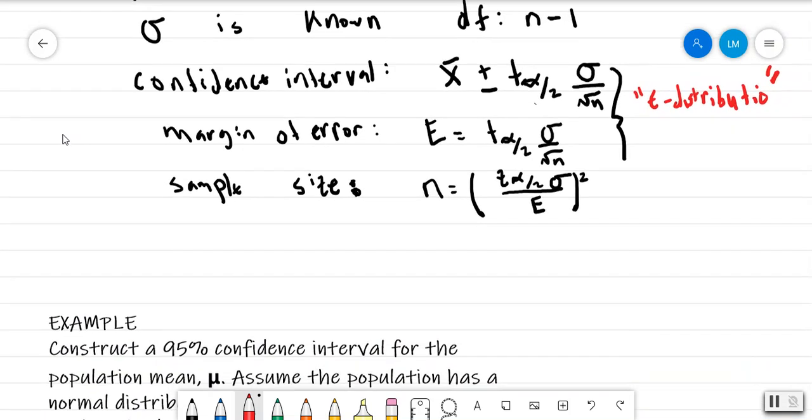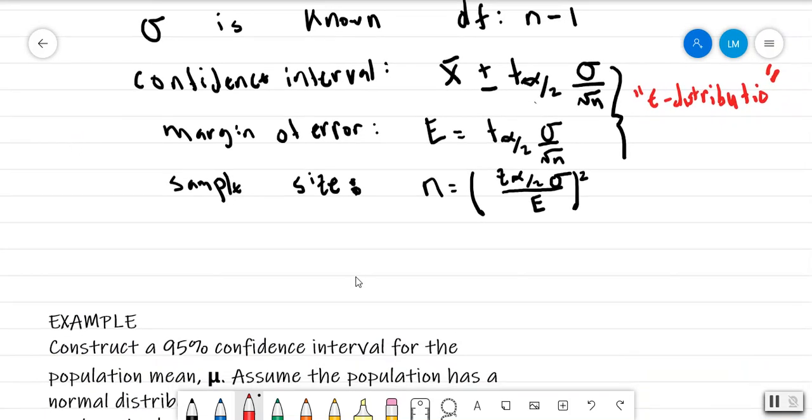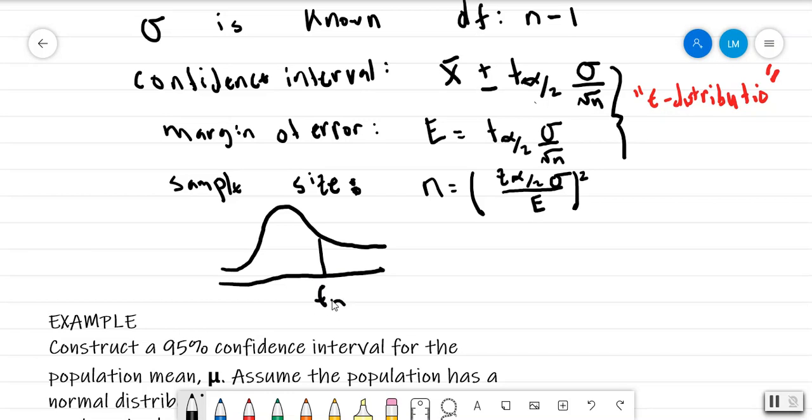The other thing is that whenever you're looking at the normal curve, well in this case the t-distribution, your textbook and also your calculator look at the t-distribution and say that, for example, t sub alpha divided by 2 is actually giving you the area to the right as opposed to the left, as with the normal distribution.